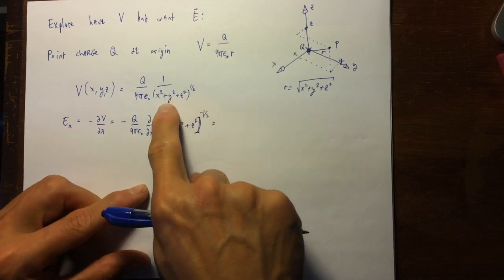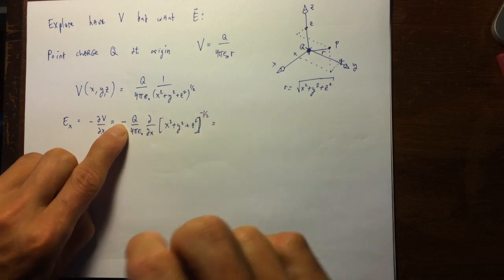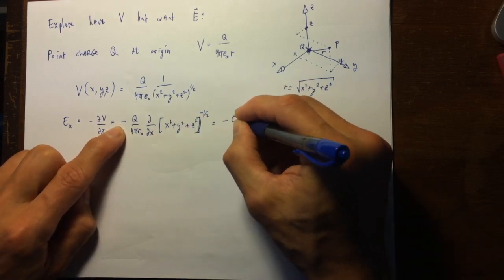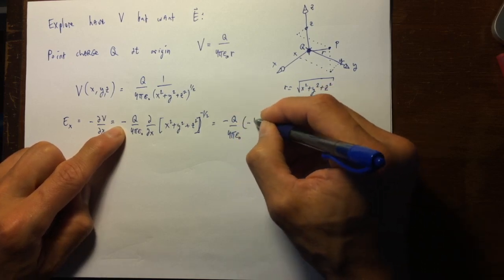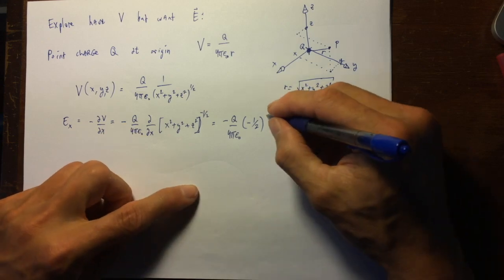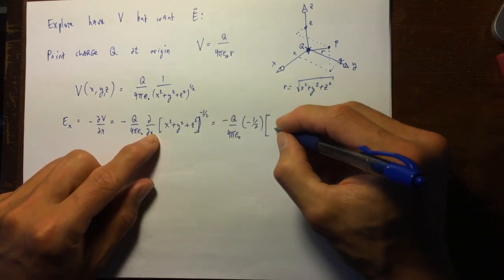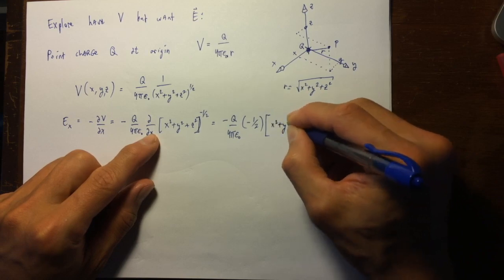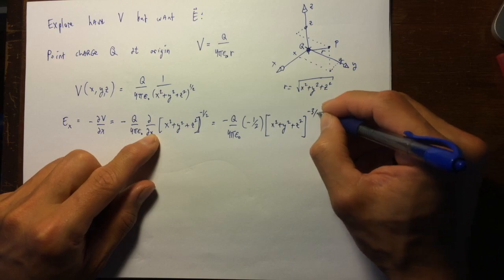So you can see how this is going to go. This negative 1/2 comes down, and there are now two minus signs. So let me put them all in. So minus Q over 4 pi epsilon naught. You get a factor of negative 1/2, right? And then you multiply by this thing reduced by a power. So this will be x squared plus y squared plus z squared raised to the negative 3/2 power.